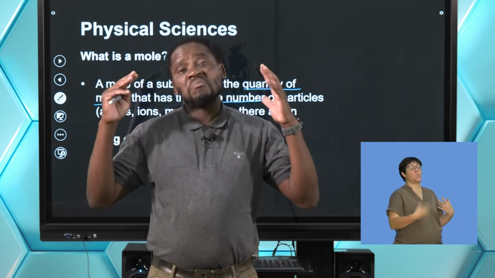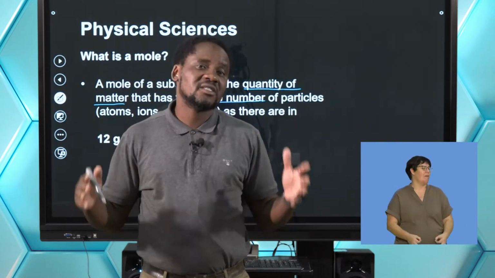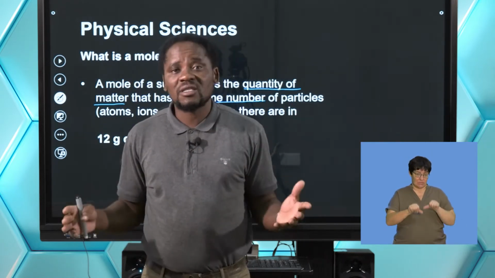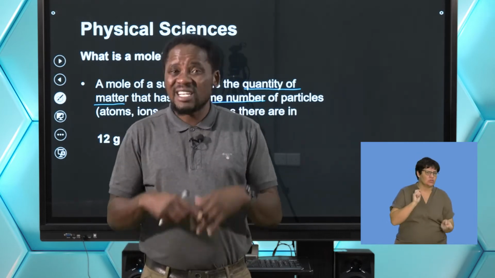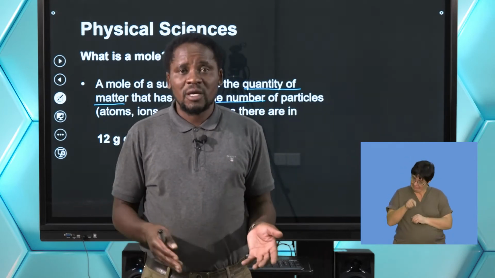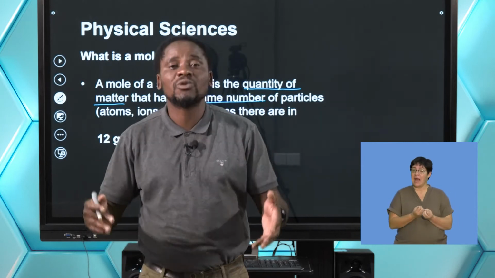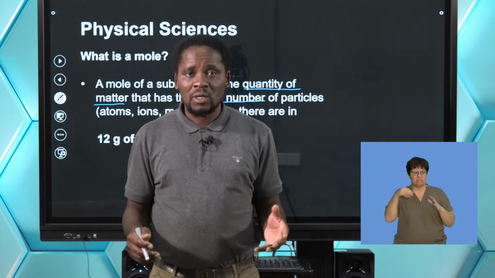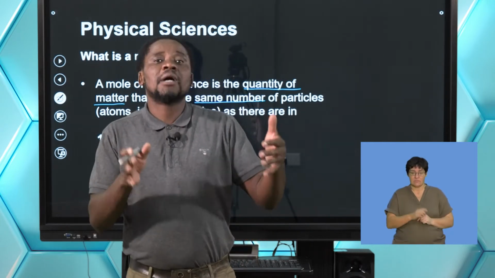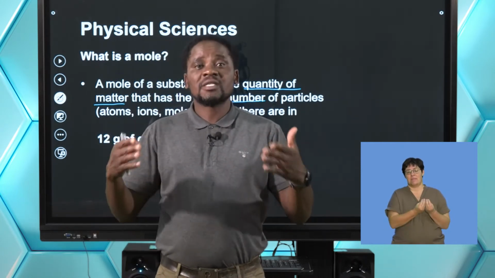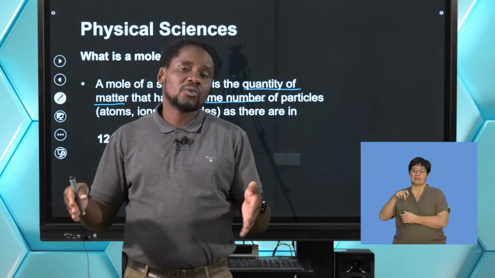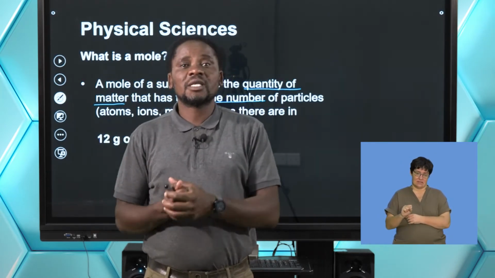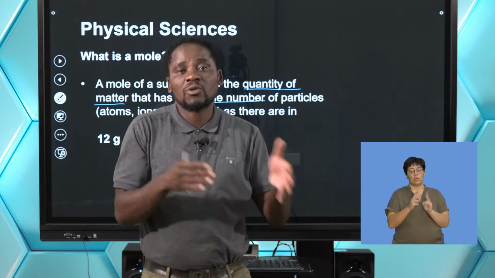This is one of the most important definitions in chemistry, because everything that has to do with chemical change, a reaction, is about the mole. Anything that has to do with the amount or quantity of matter of whatever substance is about the mole. So what is a mole? It is that amount of matter which has the same number of particles as there are in 12 grams of carbon-12.